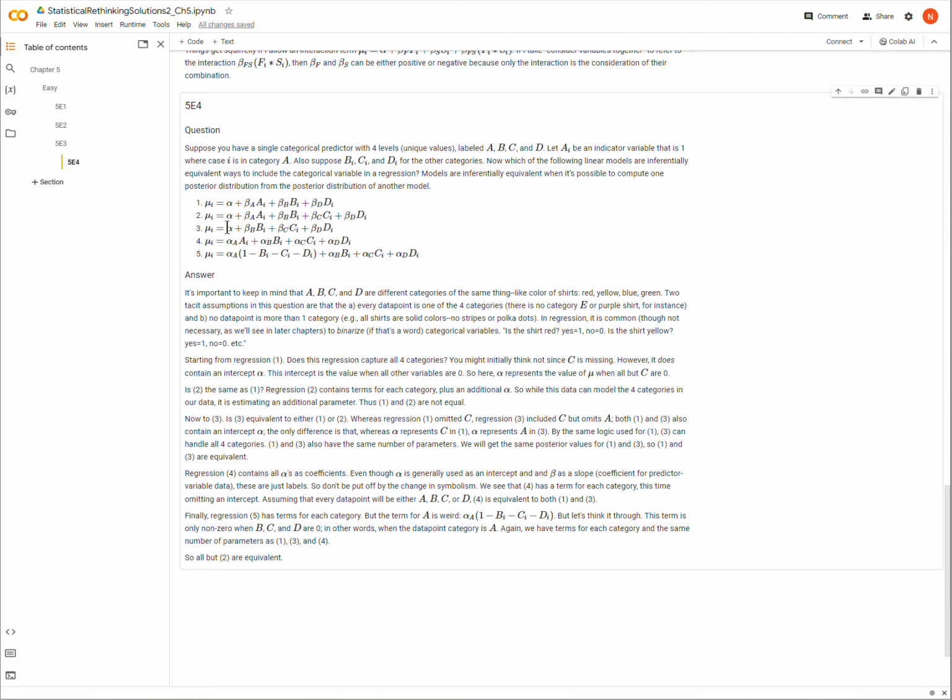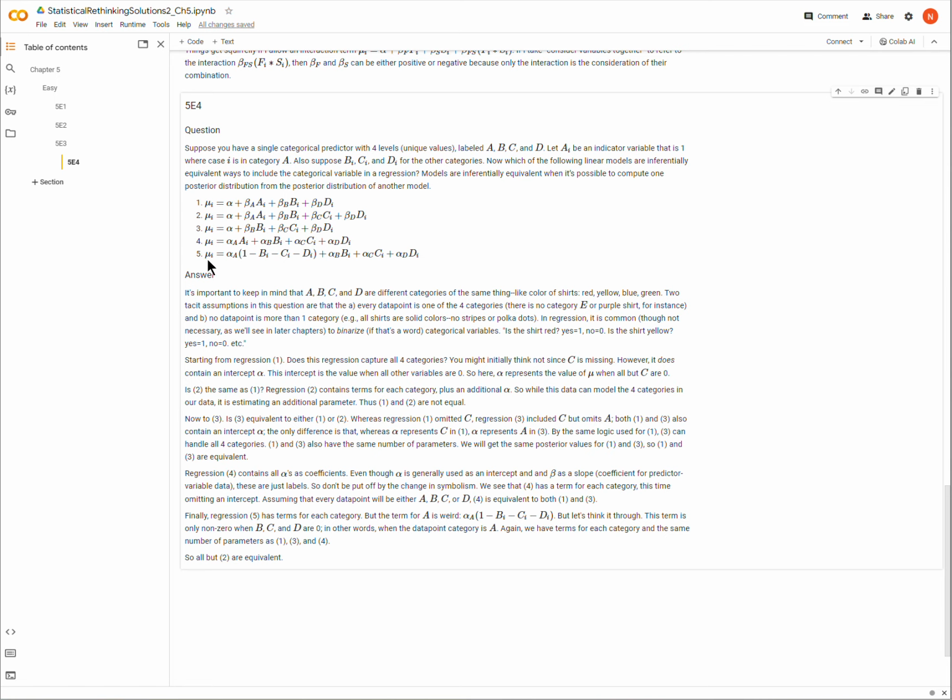So in regression 3, this term would give us the effect of A on mu when all of the terms are 0, and in 3, that term happens to be the alpha term, just the intercept. The B's would be the same, the C's would be the same, and the D's would be the same. And then we can apply that same logic to 1. So 3 is equivalent to 4, 4 is equivalent to 3, and 3 is equivalent to 1. So 1 and 3 and 4 are all equivalent. 2 is still the outlier.